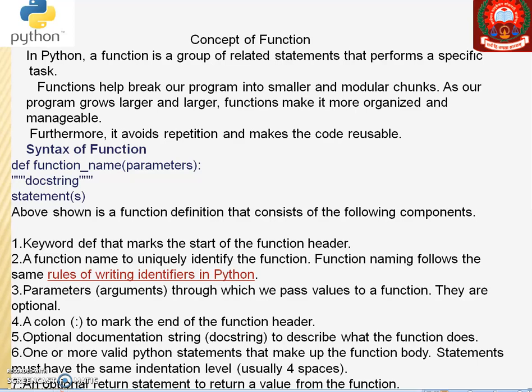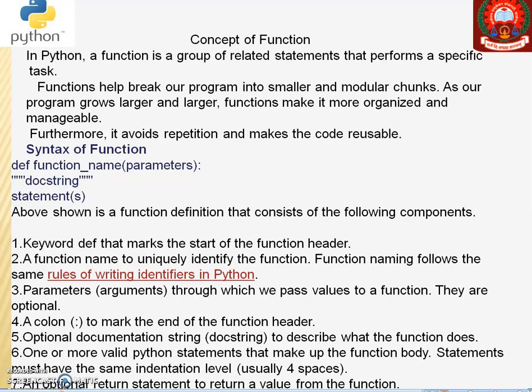you are familiar with the concept of modular programming. Modular programming in the sense what? Assume that you want to perform one task, addition of two numbers, and a 100-line program will be there, and in the 100-line program you have to perform addition of two numbers or three numbers so many times.